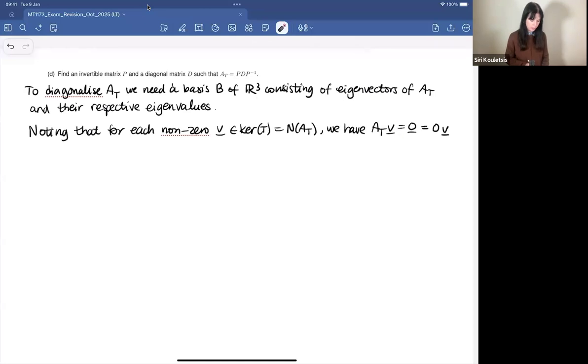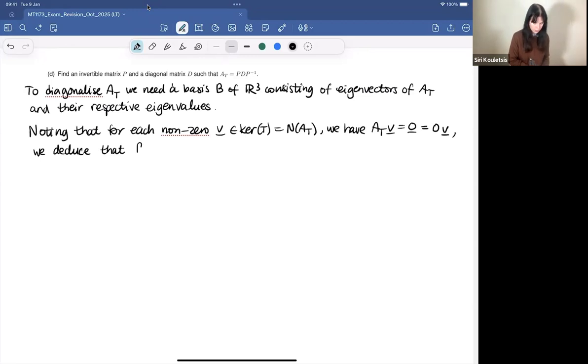And so each non-zero v in the kernel of T is stretched by AT by a factor of 0. Obviously, for basis vectors, we are only interested in non-zero vectors. And we can therefore deduce that that basis for the kernel that we found is a basis of a two-dimensional eigenspace of AT corresponding to eigenvalue 0.